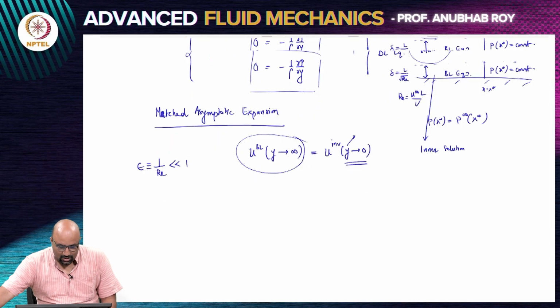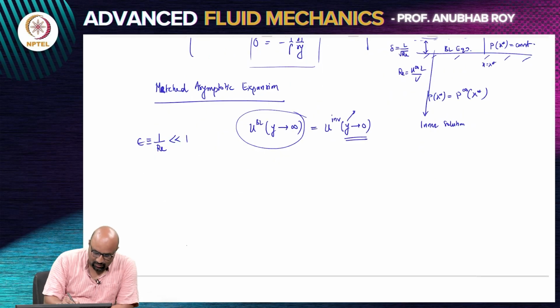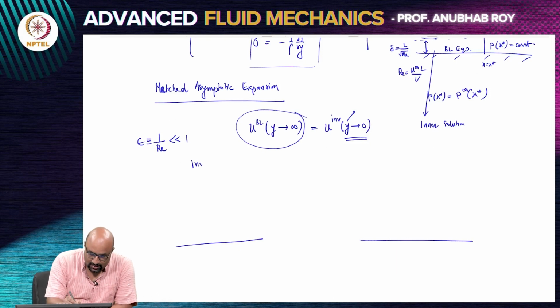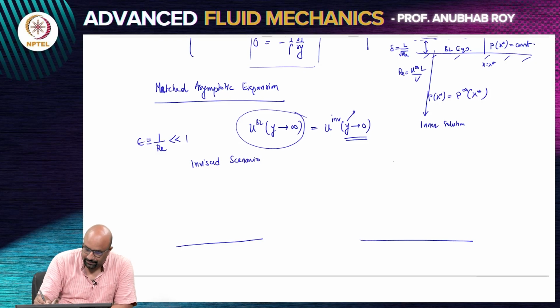So, the first thing to understand with what is happening in the boundary layer is if you consider two scenarios. One is the inviscid scenario where we don't have a boundary layer, and the other one is the viscous scenario where you have a boundary layer.